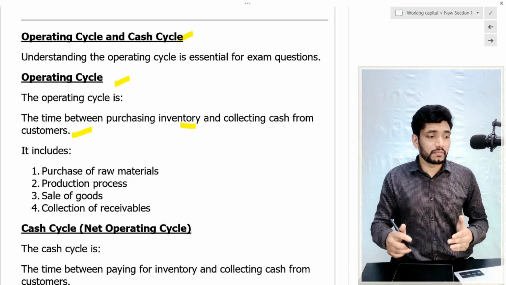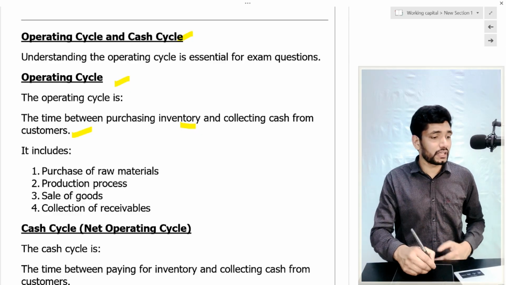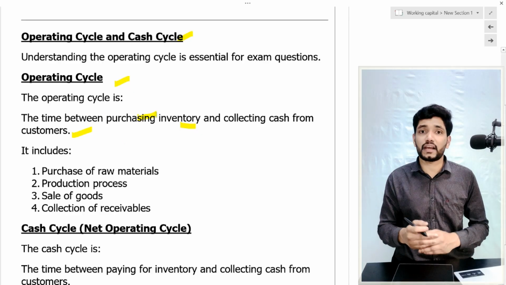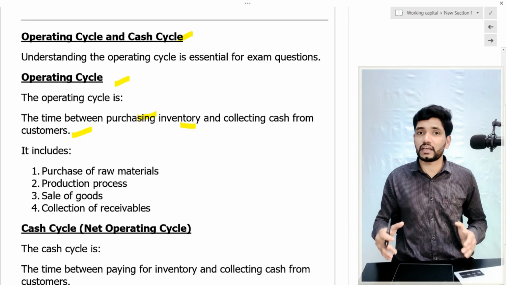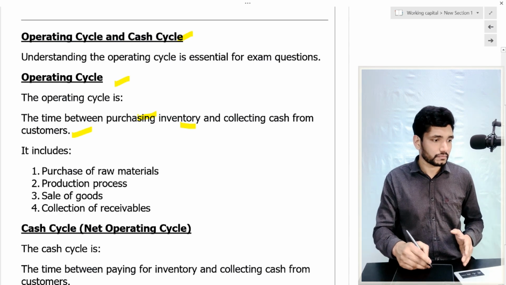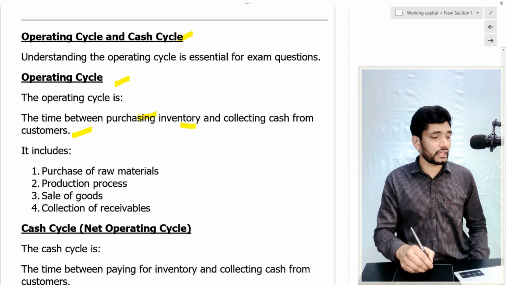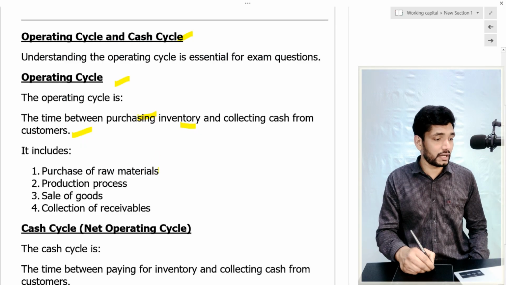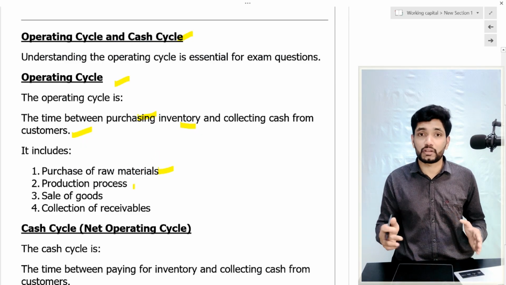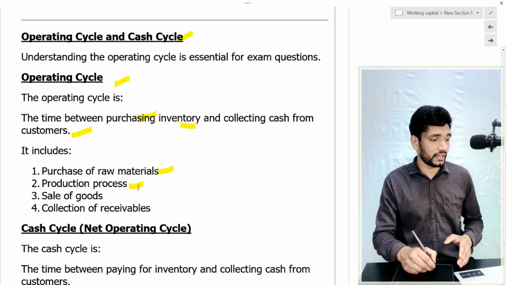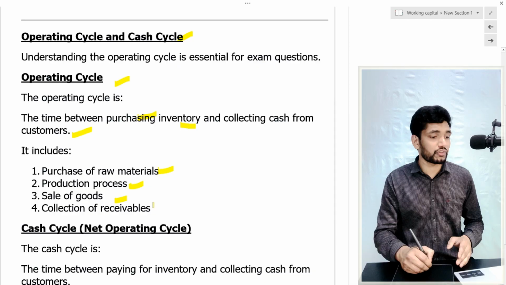Operating cycle simply means it is the time gap between purchasing inventory and collecting the cash, or collecting that receivable from the customers. So it includes the time gap between the purchase of material, then if it is a production process, the production process gap, the sale of goods and the collection of receivables.